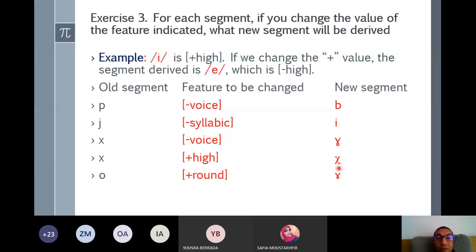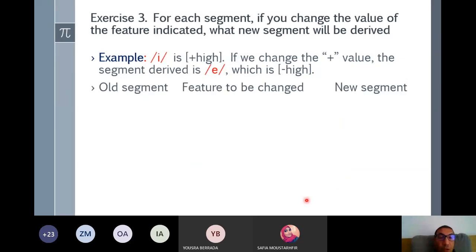You see with these two features, you can have other alternatives, so that O is plus back, and if you change it into minus back, then you will have the corresponding vowel which is minus back. Let's continue with the same exercise and try to find what is the feature to be changed with the segment Z, and what is the new segment that is derived.